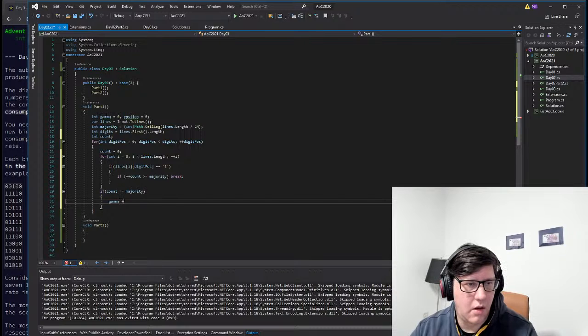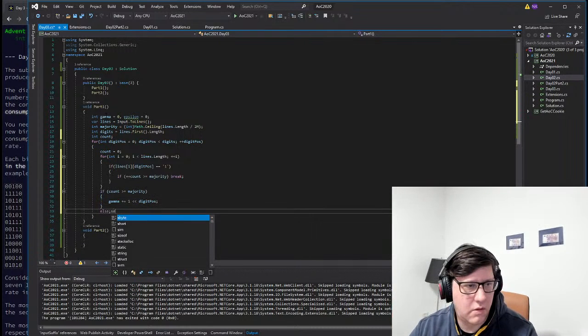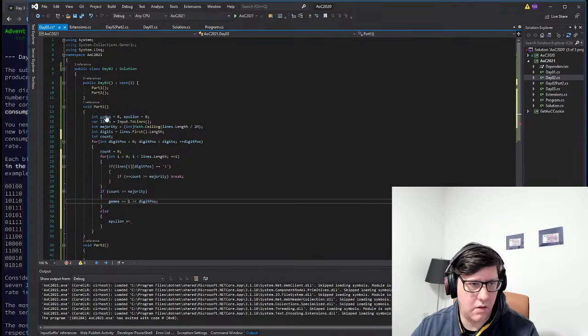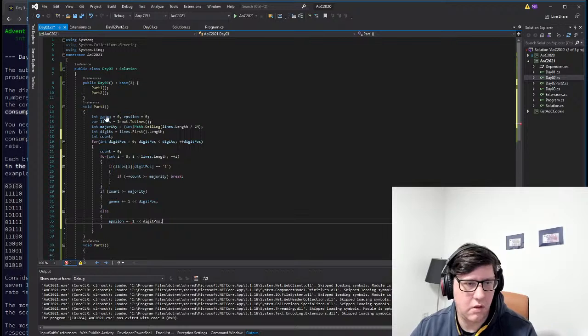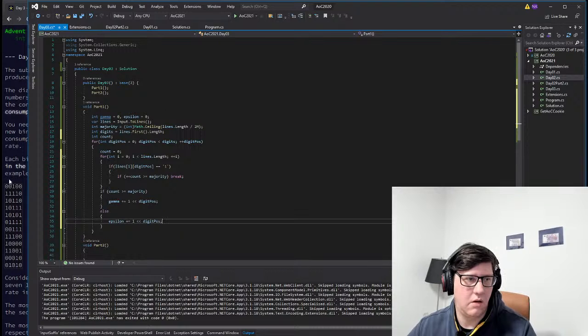gamma plus equals digit, no, it's actually 1 bit shifted by the digit pos, and else we do epsilon. So this should give us the, no, this is inverted, right?